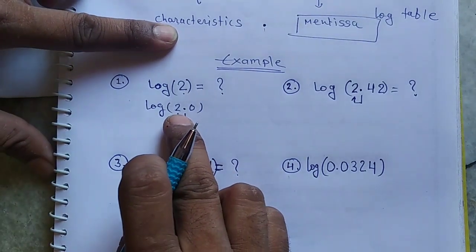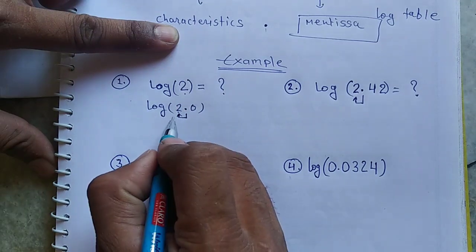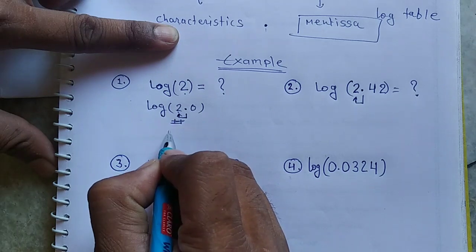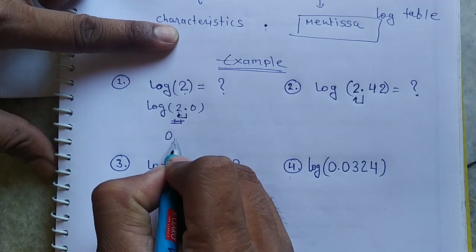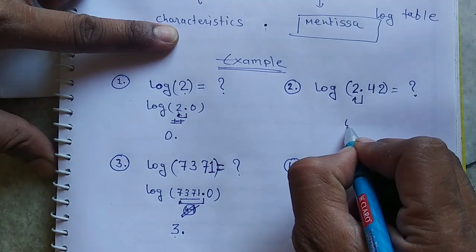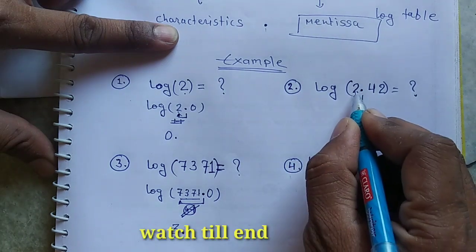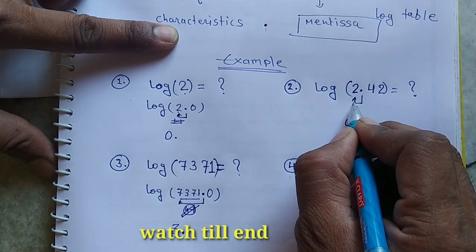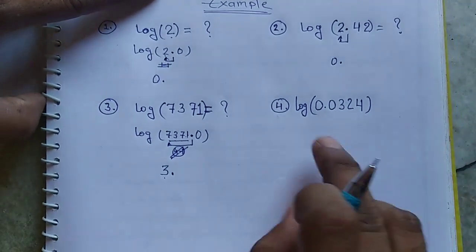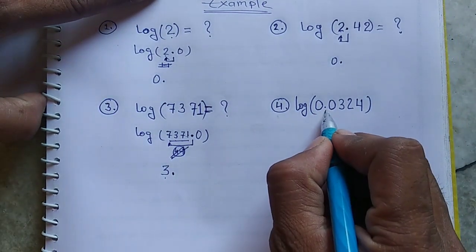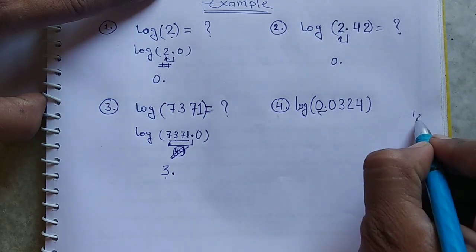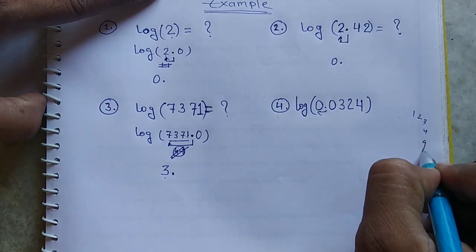You can see over here there is one digit before the decimal, and if I subtract 1 from 1 I will get 0. So this is 0 before the decimal. Since it is one digit, 1 minus 1 equals 0, you always do this. Over here you can see that before the decimal there is no significant digit from 1 to 9.